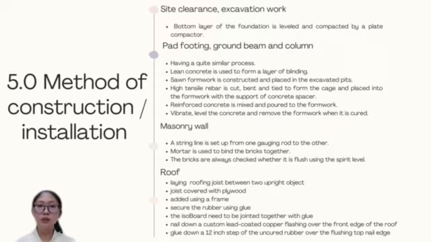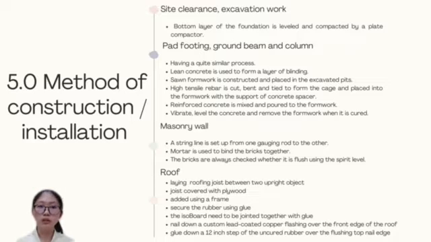Second, the project comes to construct the pad footing, column, and the ground beam. The steps to build these 3 structures have a quite similar process. Lean concrete is used to form a binding layer.